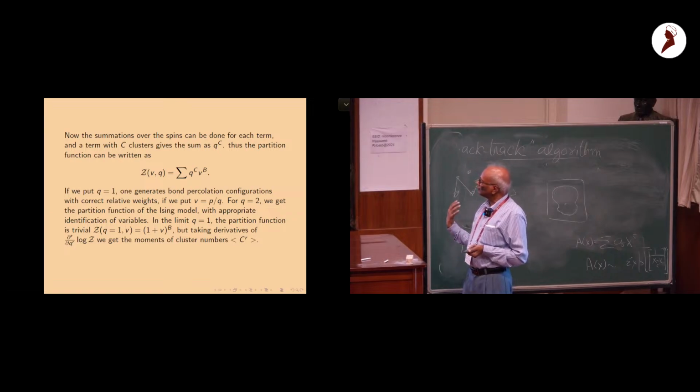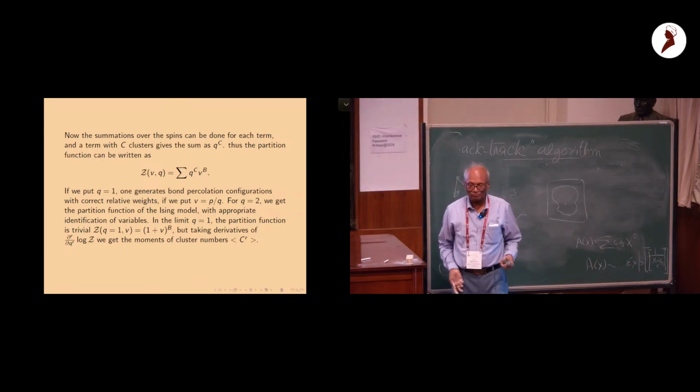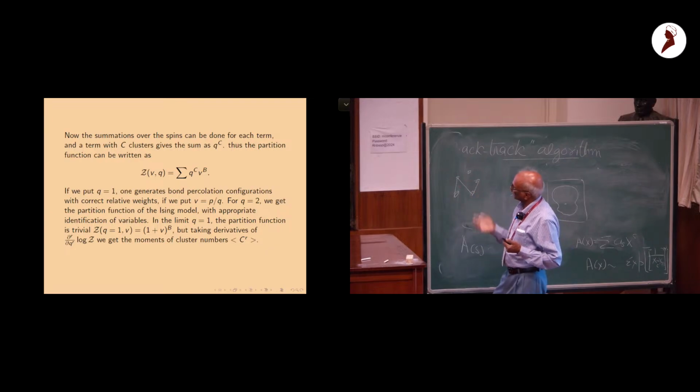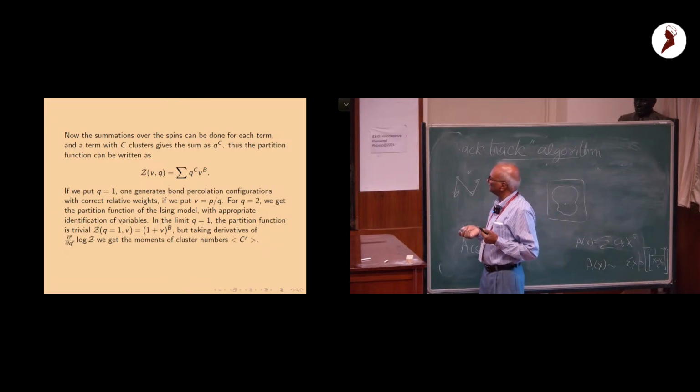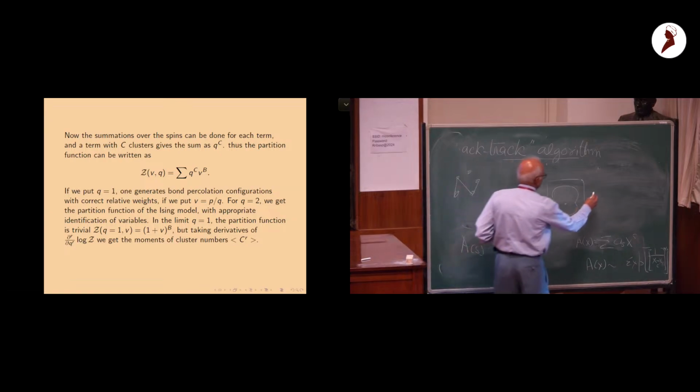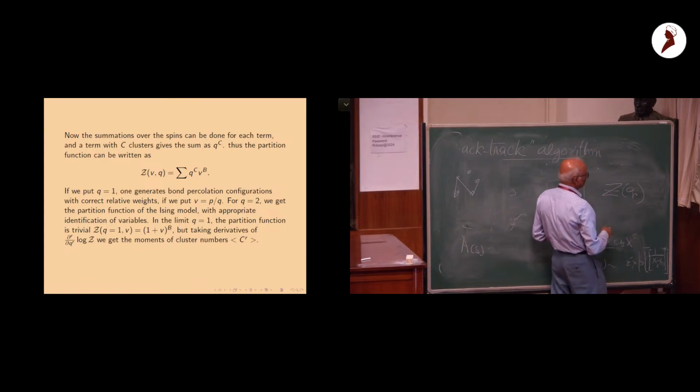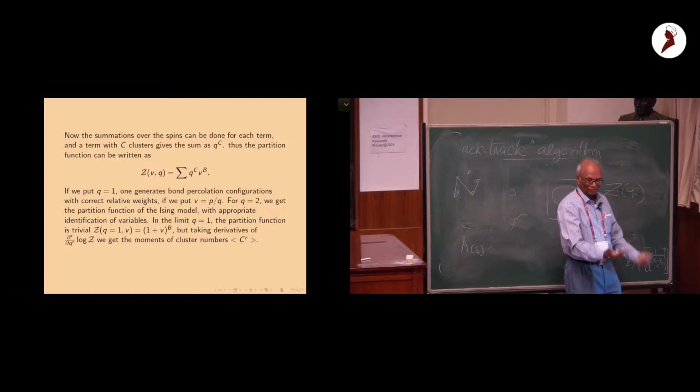Okay, and now I sum over all possible assignments of bonds. So if you put q equal to 1, then you are just summing over assignments of bonds. That is sort of the percolation problem where each bond has a weight. If you take this Z of q, then when q equal to 1, that was the percolation problem.